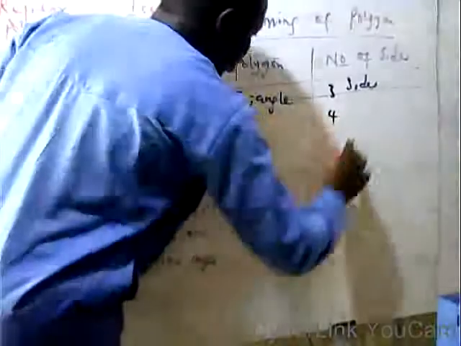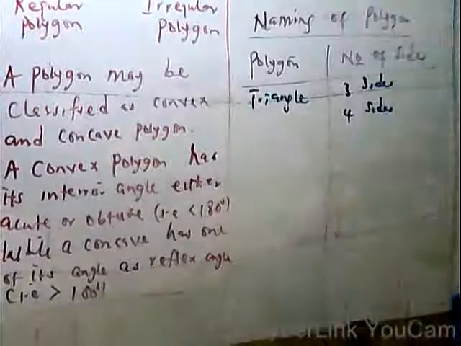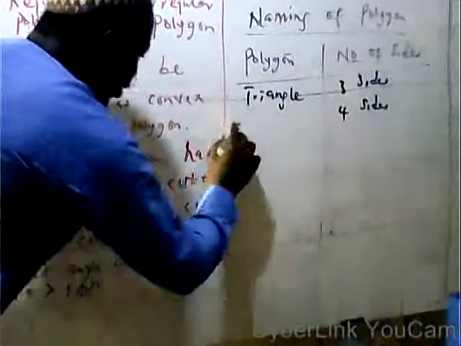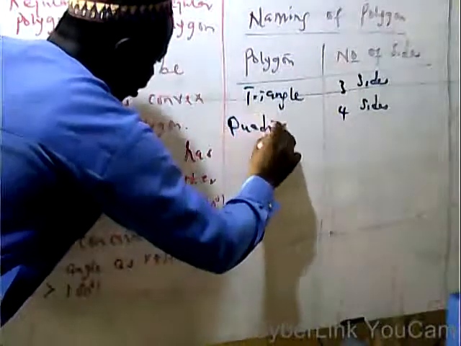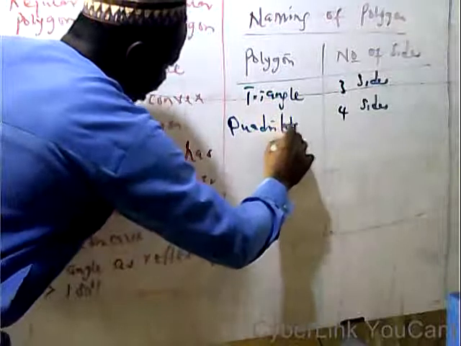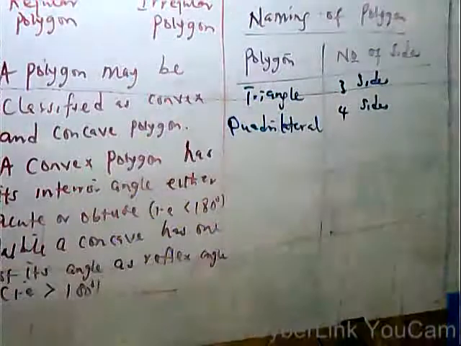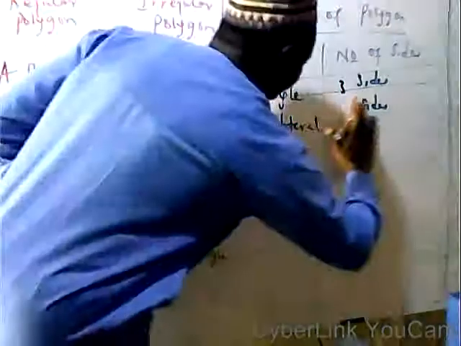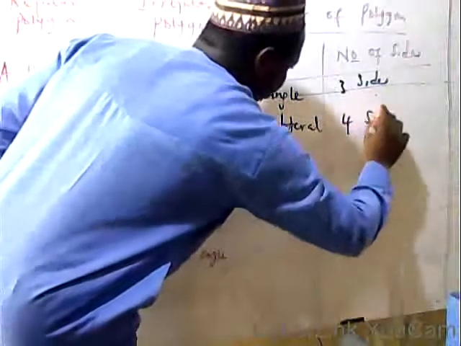But a polygon with 4 sides is called a quadrilateral. That is a polygon with 4 sides.